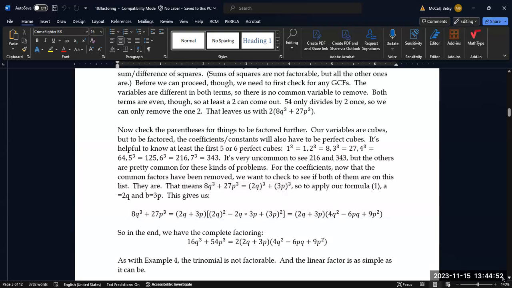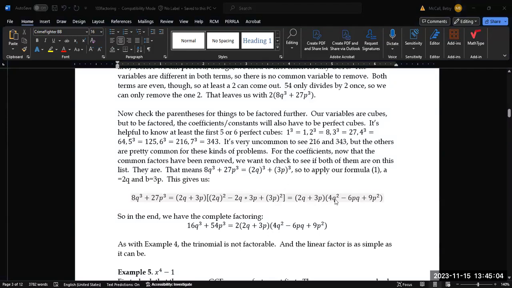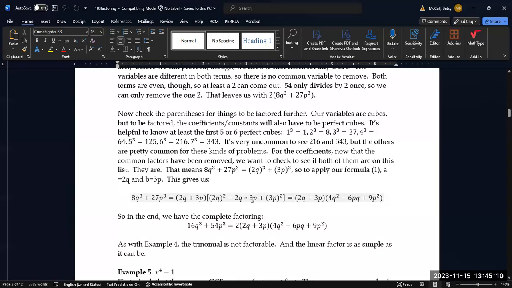And so that's going to give me the first factor, which will be 2q plus 3p. And then in the second factor, a squared is 2q quantity squared, which when I multiply that out is 4q squared. And then the middle term, minus ab, will be 2q times 3p, which will give me 6pq.